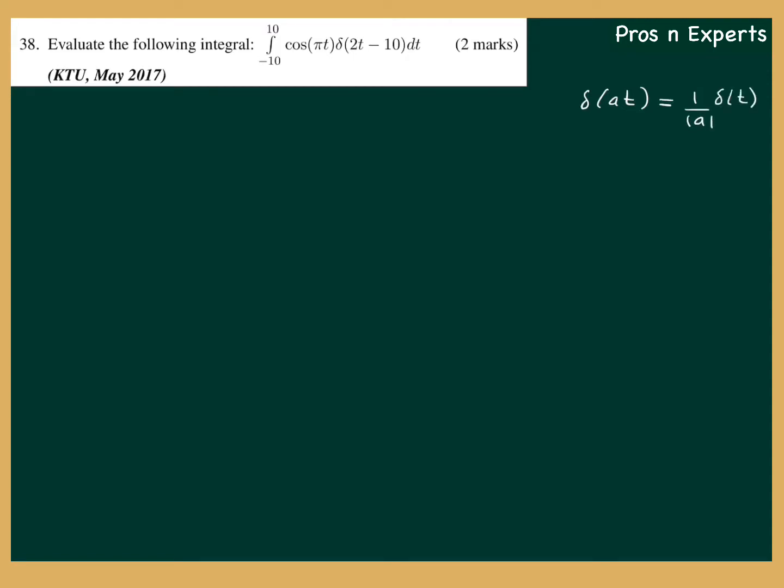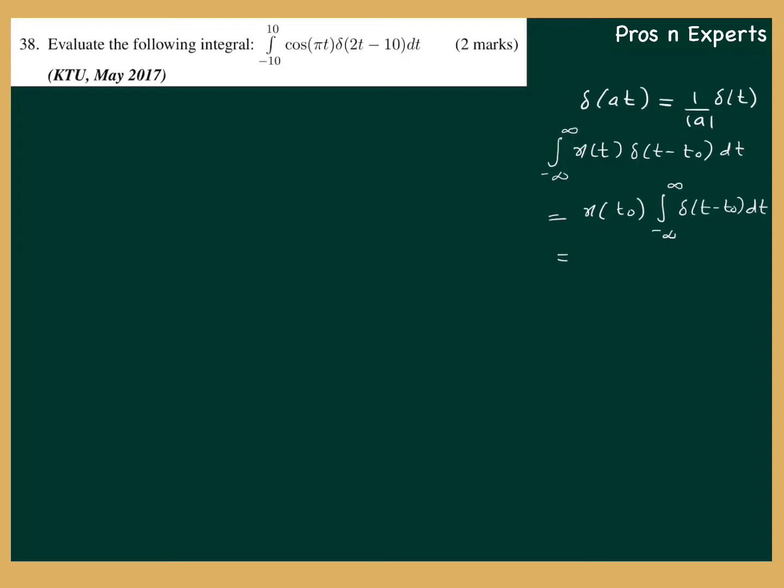The next property is the shifting property of impulse, which states that the integral over minus infinity to infinity of x of t into del of t minus t0 dt will be equal to x of t0 into the integral from minus infinity to infinity of del of t minus t0 dt, and this value inside the integral will be 1.